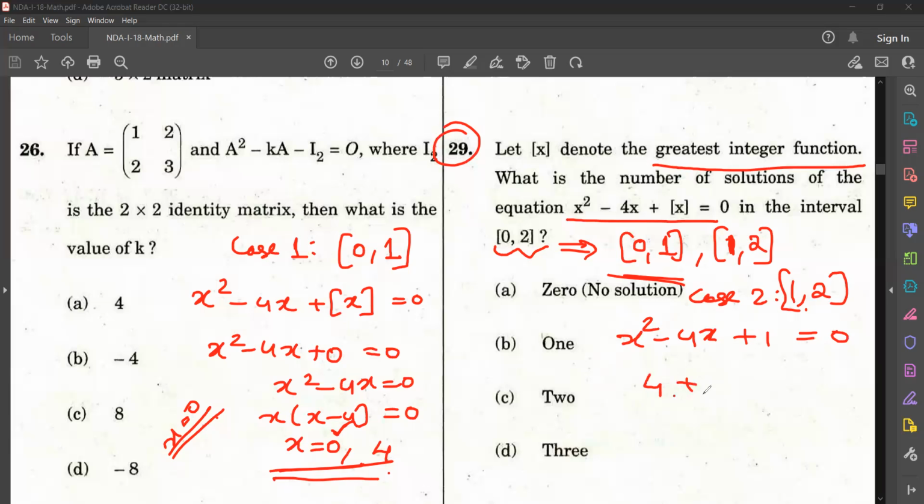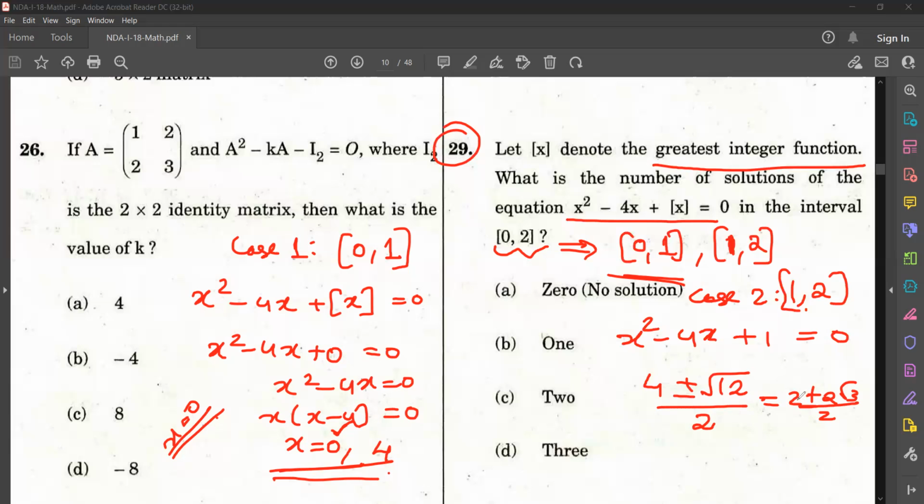So 4 plus or minus root of 16 minus 4, that is root 12, divided by 2a, 2a means 2 here. So you will get the answer as 2 plus or minus 2 root 3 by 2.